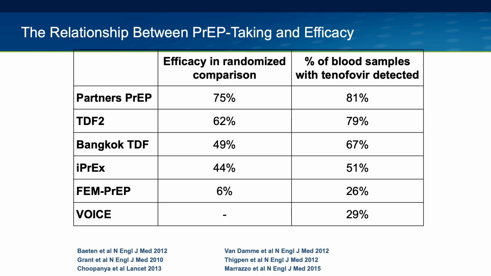Not surprisingly, there was a really nice relationship between the modified intent-to-treat result and the proportion of the participants who had samples that had tenofovir detected.